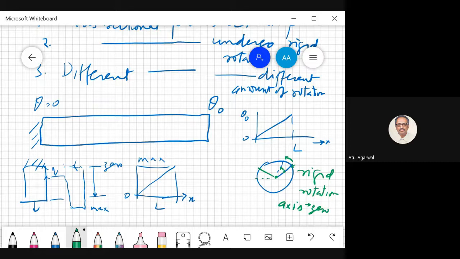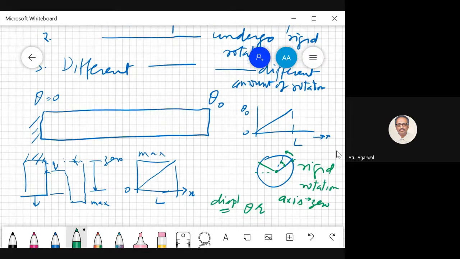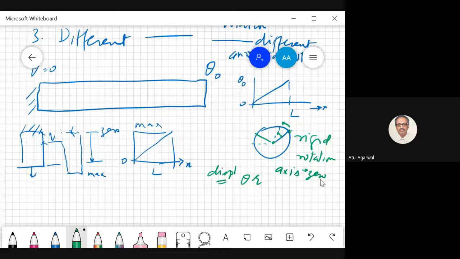So what is the displacement of this point? The displacement of the farthest point will be theta times the distance r. Whatever is the rotation, times the distance from the axis of rotation. Any problem?